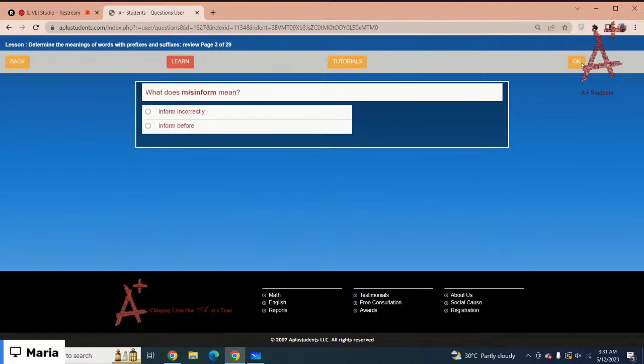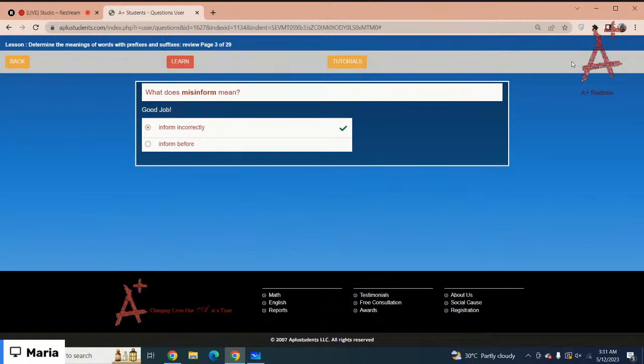What does misinform mean? Mis means incorrectly, so it means inform incorrectly. Option number one is the correct option.